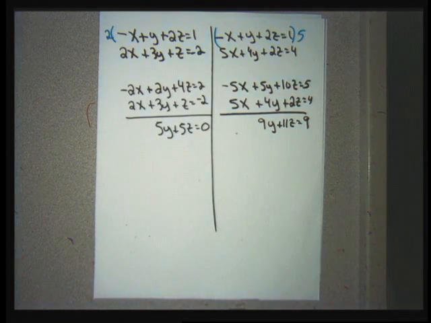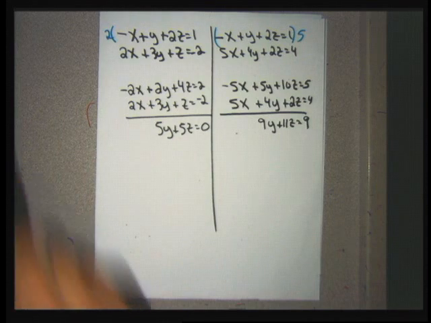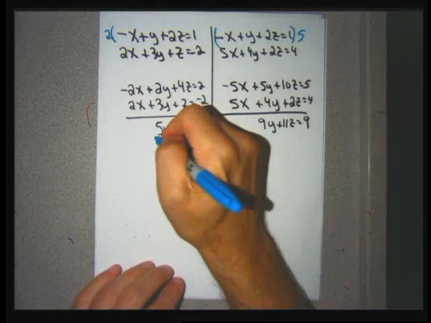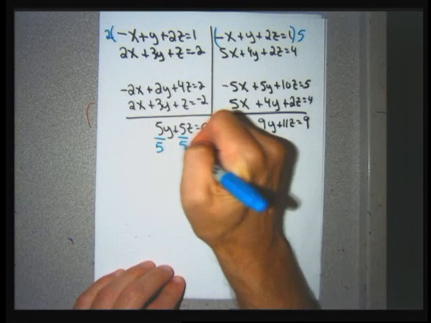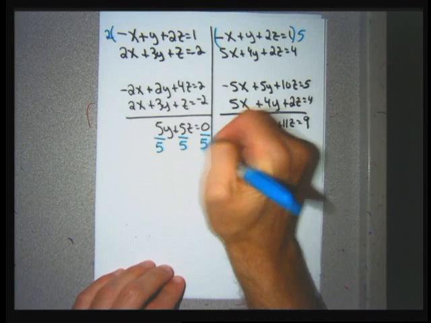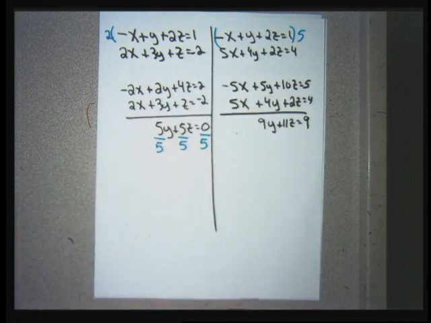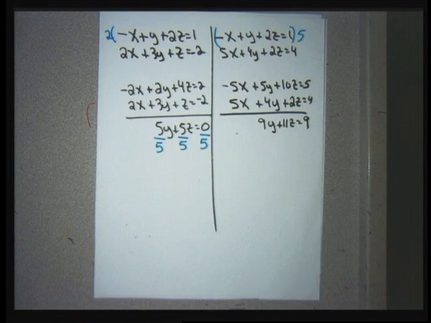I'm going to do something slightly slick that you're allowed to do. Anytime you look at an equation, if every number is divisible by the same number, it's legal to do that division and work with a simpler form of the equation than the algebra produced. In the equation 5y plus 5z equal to 0, everything is divisible by 5.